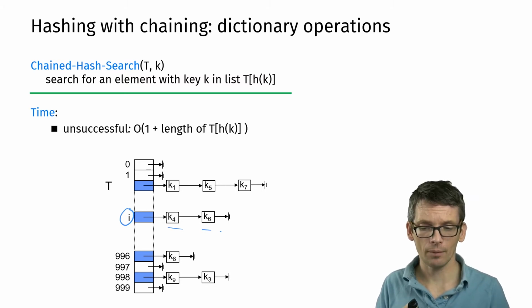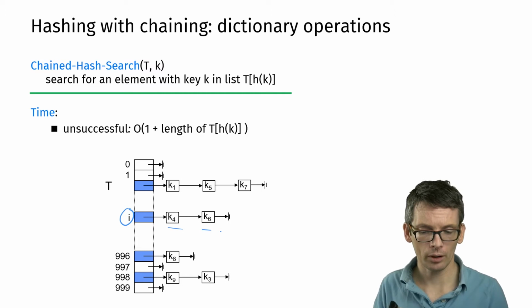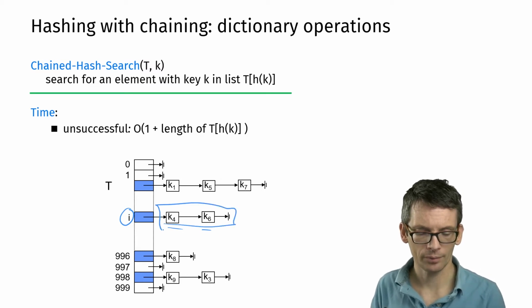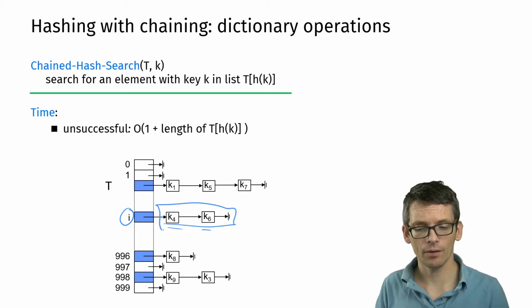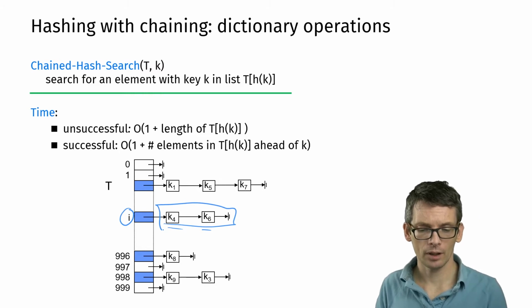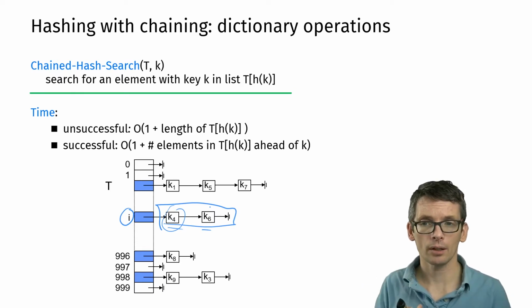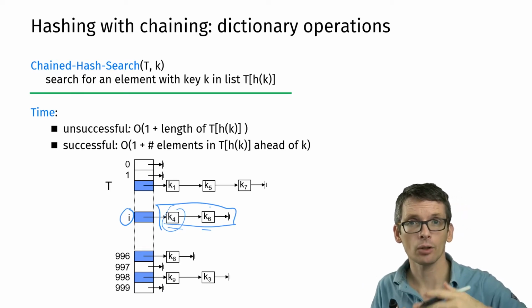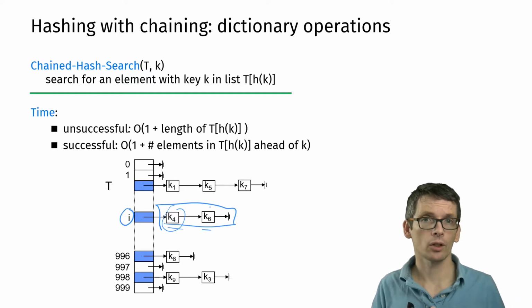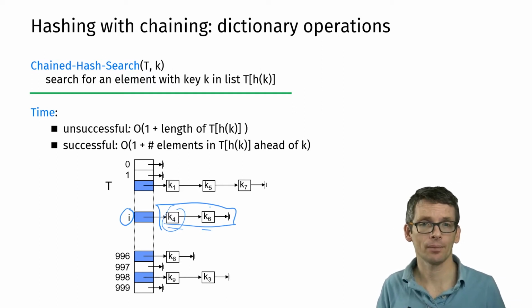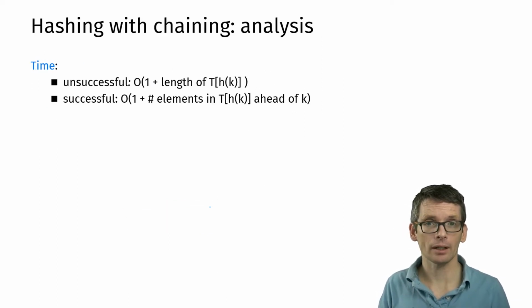Then the running time for this will be of order the length of this list. Otherwise, if it is in the table, so in this setting, if it's maybe K4 or K6, then it's order of 1 plus the number of elements that I search before I reach that specific element. So that's the running time here.